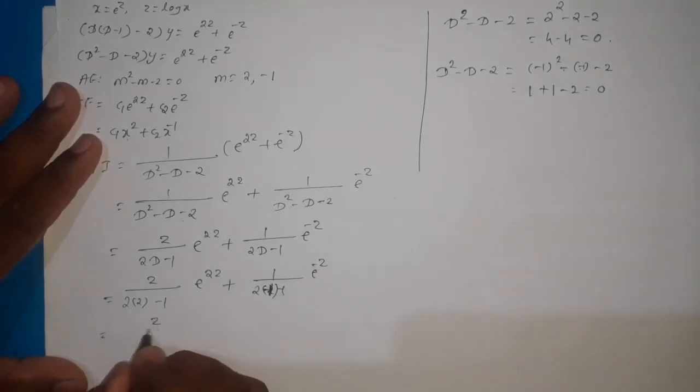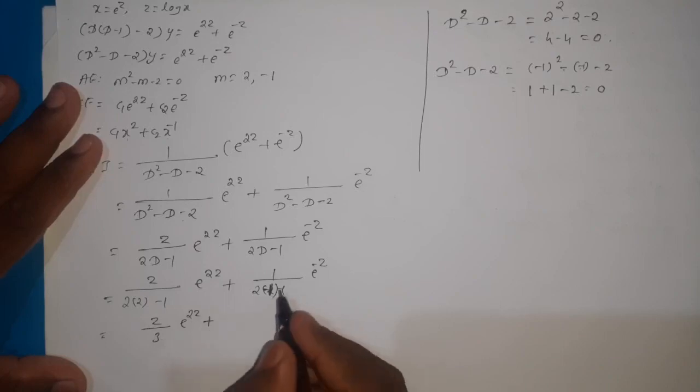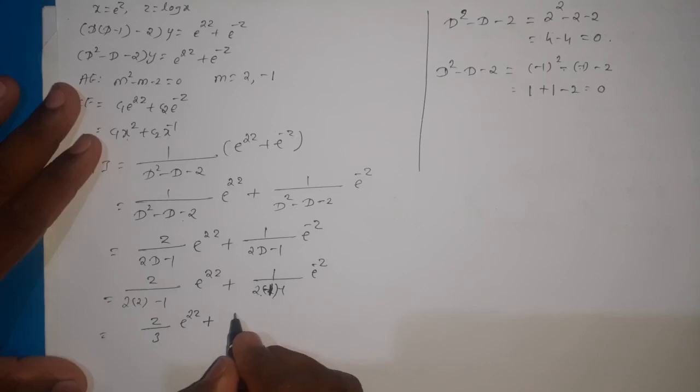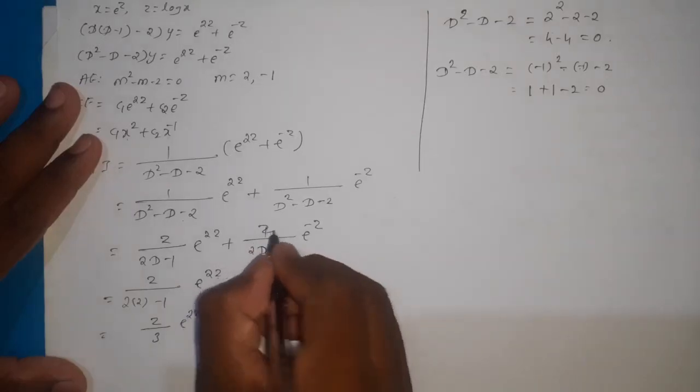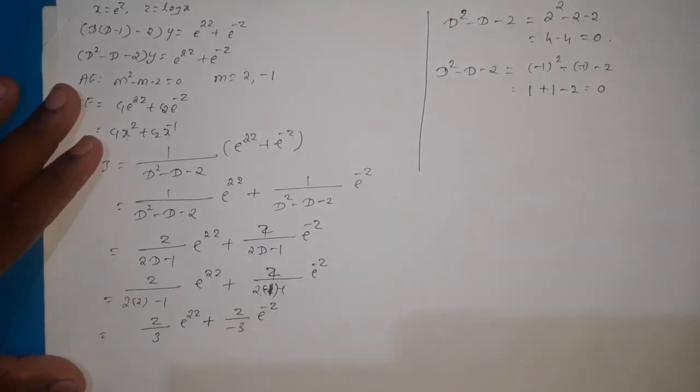Here it is z divided by 2 into 2, 4, so 4 minus 1 is 3, so z by 3 e power 2z plus z divided by minus 2 minus 1, so z divided by minus 3 e power minus z.